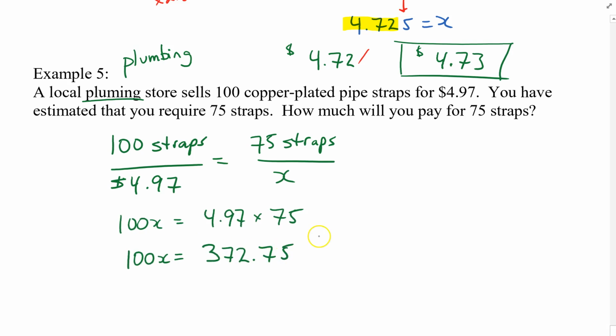If I divide by 100, I end up moving the decimal over 2 places, so I get 3.7275. Now this is money again, so looking at this digit here, it is 5 or greater, so therefore it is $3.73.